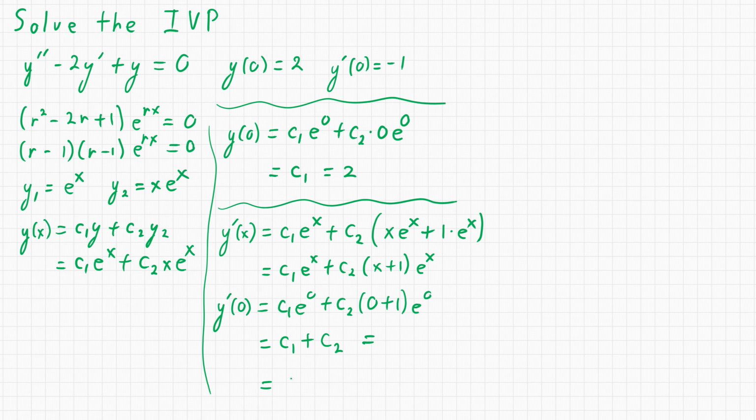We have 2 plus c2. We know that y prime has to equal negative 1. So we also know that 2 plus c2 has to equal negative 1. So that's going to mean that c2 is equal to negative 3. So then the solution to this initial value problem is y of x equals 2 e to the x minus 3 x e to the x.